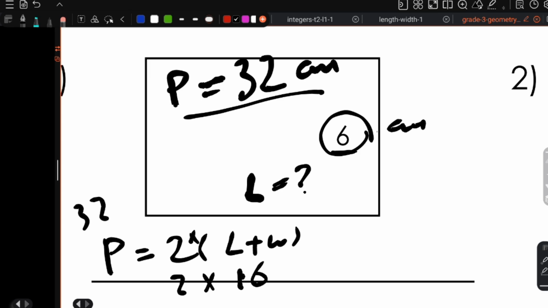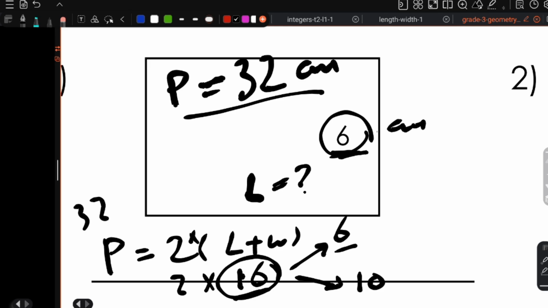Okay, we solved it in the previous problem in the perimeter of the rectangle. So 16. Okay, so he gave me how many from 16? He gave me 6. How many left to complete the whole 16? Yes, we will count from 6 to 16.